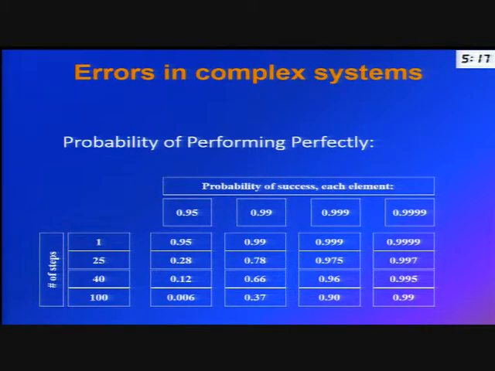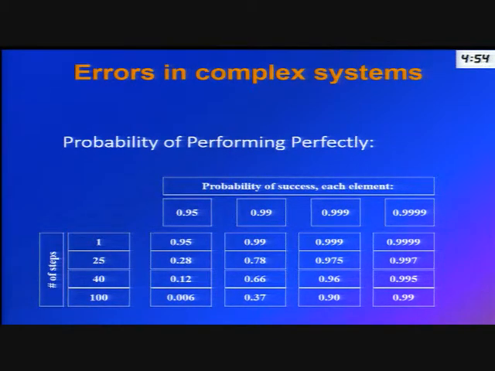Then if you add the steps, if you have 0.95 reliability and then you have 100 steps in a process, you end up with less than 1% of the processes performing perfectly.